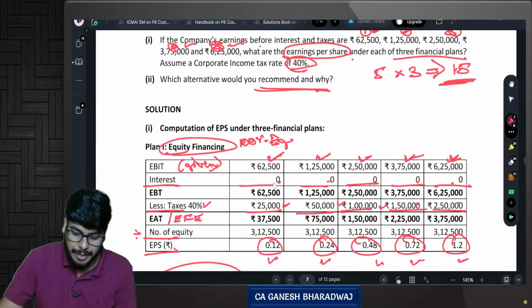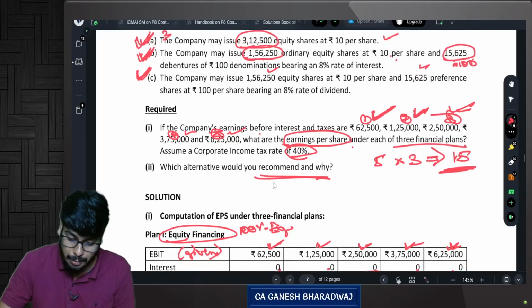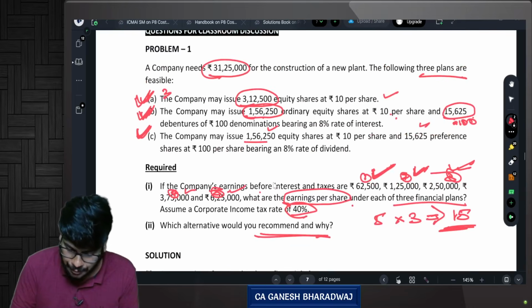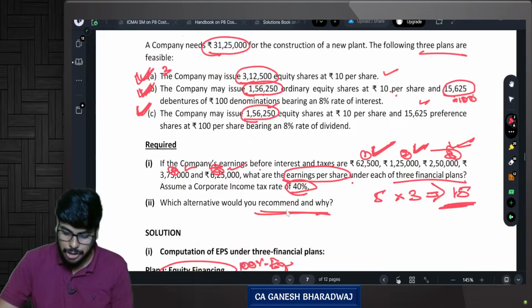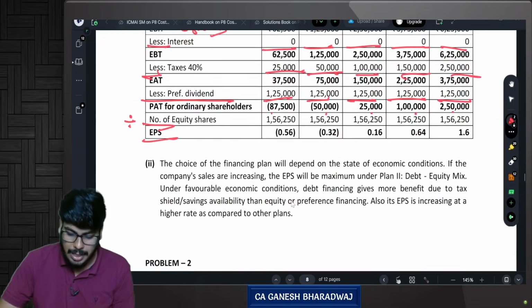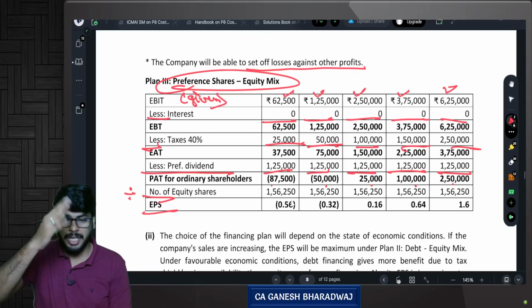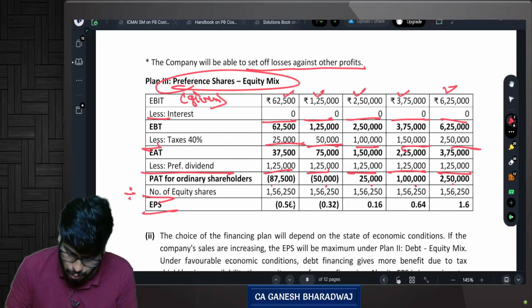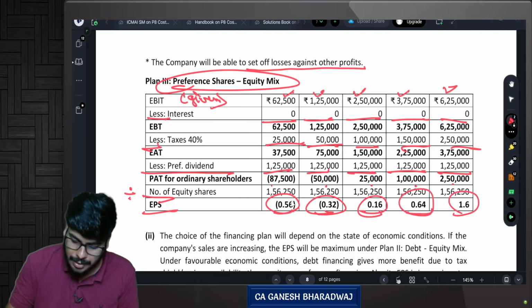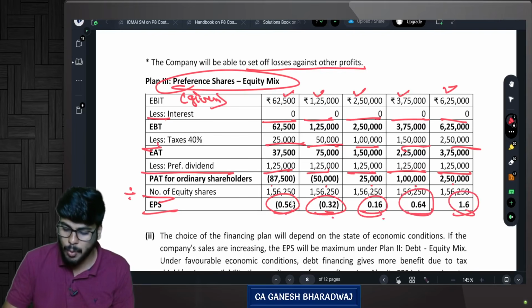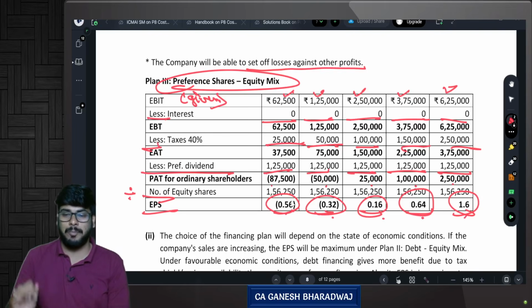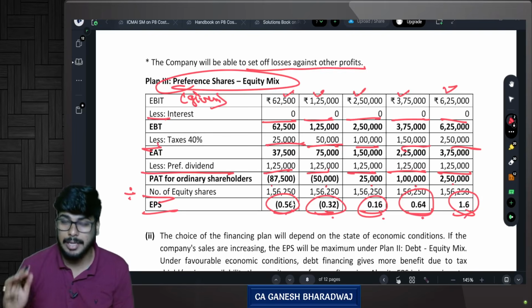How many equity shares does the third alternative have? 1,56,250 equity shares. So dividing the respective earnings for equity by 1,56,250, you get the EPS for each of these alternatives, which is minus 0.56, minus 0.32, 0.16, 0.64, and 1.6. Are you clear with this?